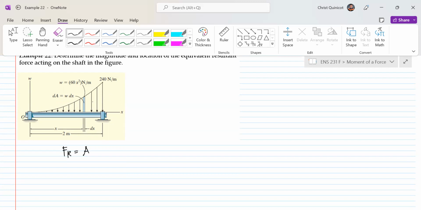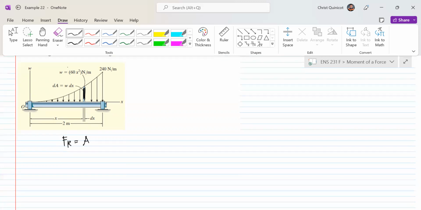It is represented by an equation. So what we're going to do is take a strip. In our integral calculus, we take a small strip here, which has a length of dx, and the height would be the weight, which is our w, in order for us to find our differential area.